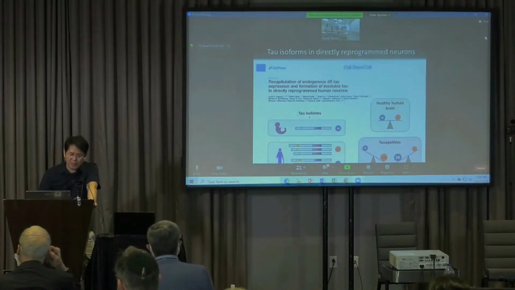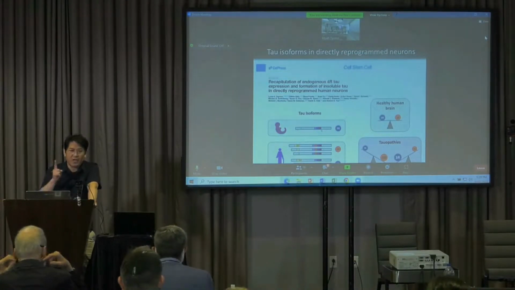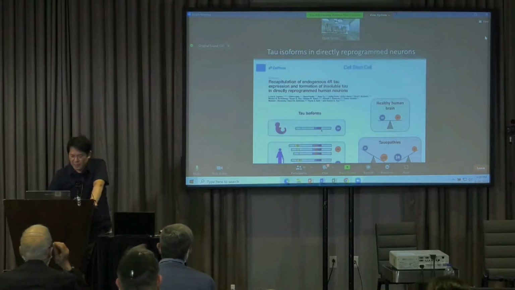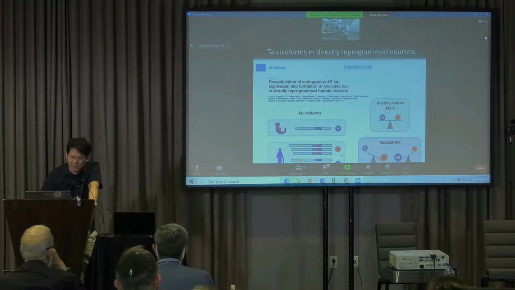Developmentally speaking, during neural development in embryonic neurons, there's usually one isoform, called 0N3R. And in adults, we have 6 different isoforms, largely divided into 2 different tau repeat domain-containing isoforms called 3R and 4R.